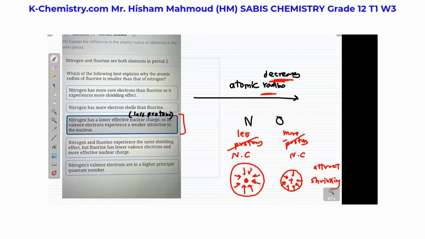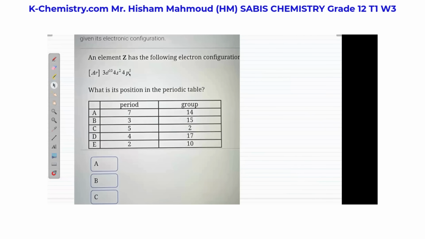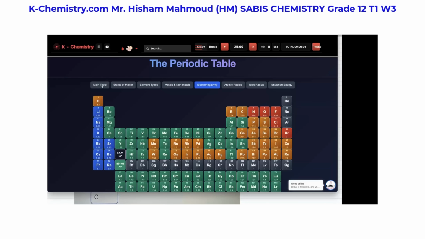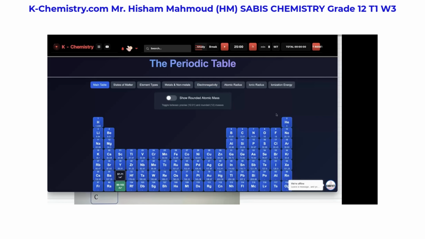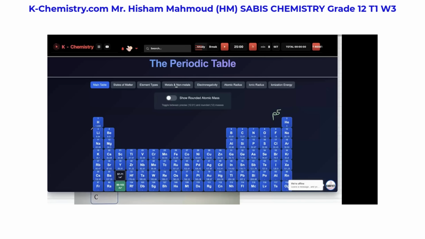Determine the position of the element in the periodic table using its electronic configuration. We say that it is 4p5. I know that p5 means anything that's here, automatically. And if he told me that it is in period number 4, how did I know? Because he wrote 4 here. That makes things very easy, because I can just go to the periodic table, see where period number 4 is, and then go here.